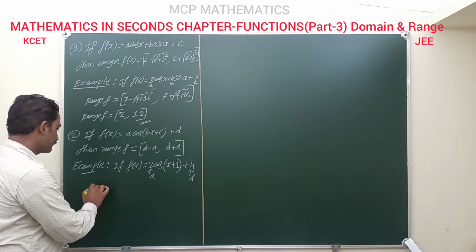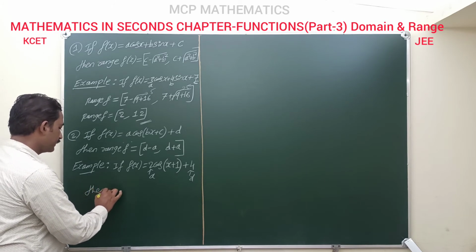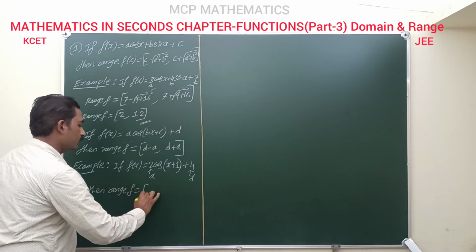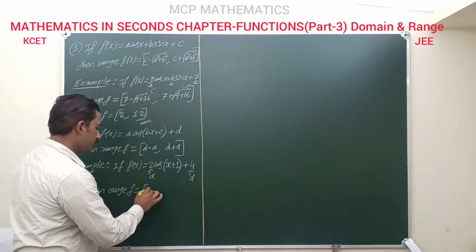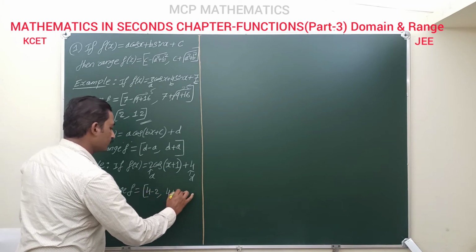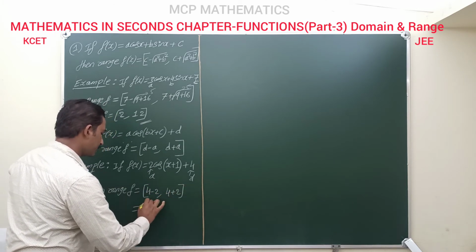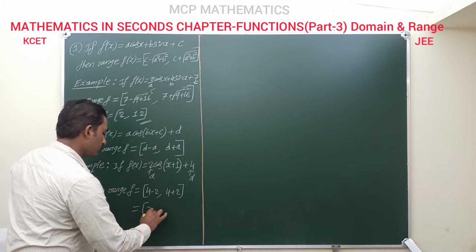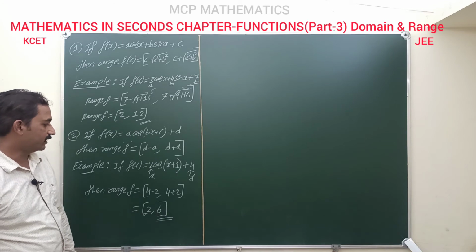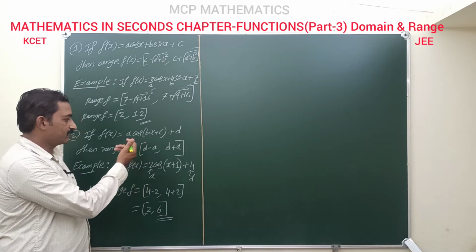Then the range of f is d minus a, so 4 minus 2, 4 plus 2, nothing but 2 to 6. So easily we can write the range of this function using this shortcut.